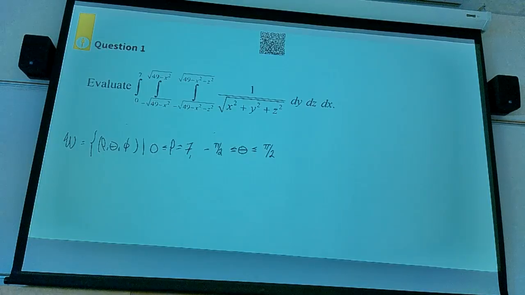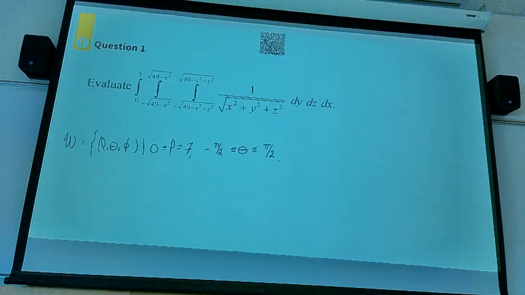I notice I'm using this convention instead of trying to keep it between 0 and 2 pi. If we did that, that would require two separate integrals, 0 to pi over 2 and then 3 pi over 2 to 2 pi. Phi is our angle of declination. Middle is z.